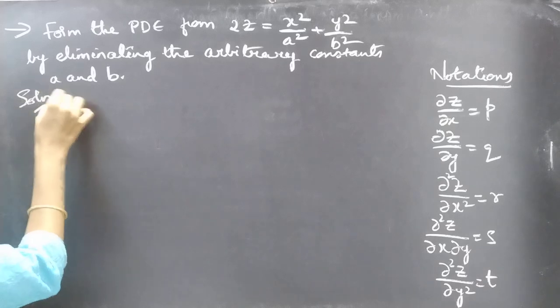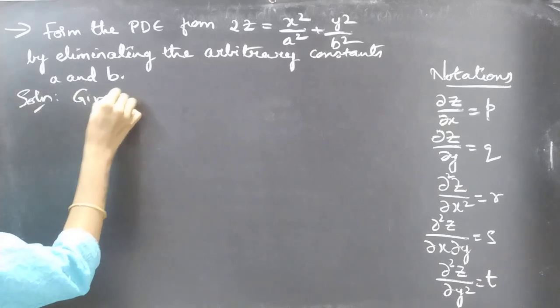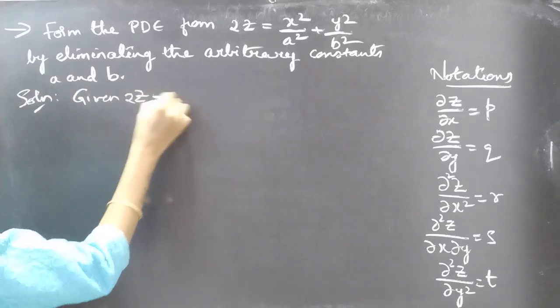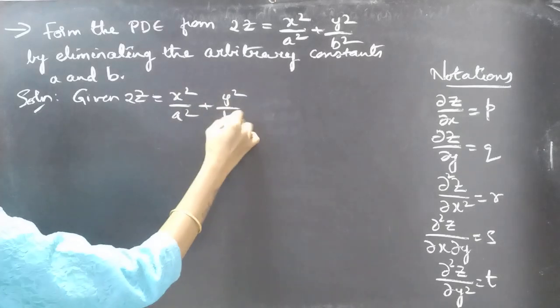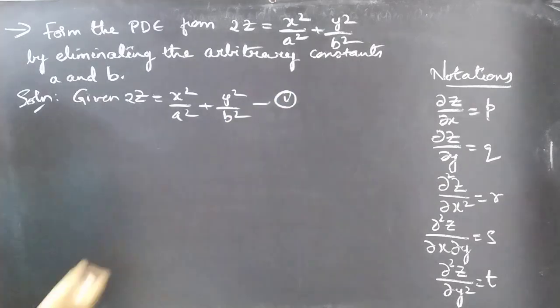So for that, we are given a relation. Consider it as equation 1. In order to form a partial differential equation from 1, we'll partially differentiate 1 with respect to x and with respect to y.